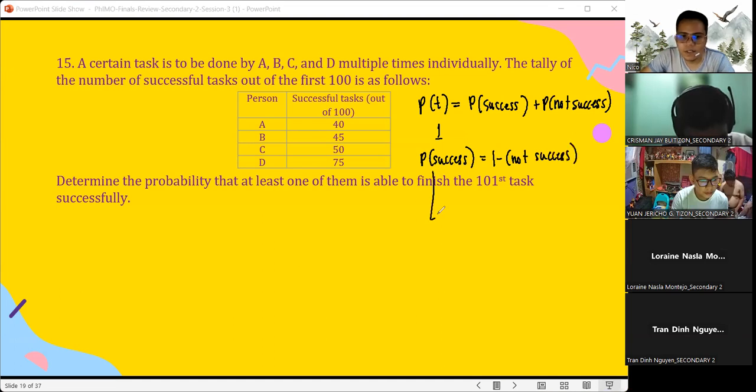Okay. So continuing, that's equal to 1 minus. The successful part is 40, so that is 60 over 100, times B, 45, so 55 over 100, 50, so 50 over 100, and 75, so 25 over 100.